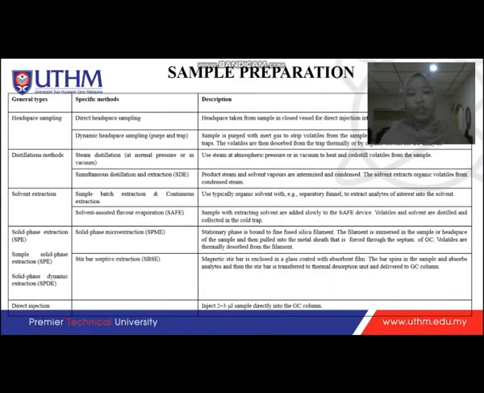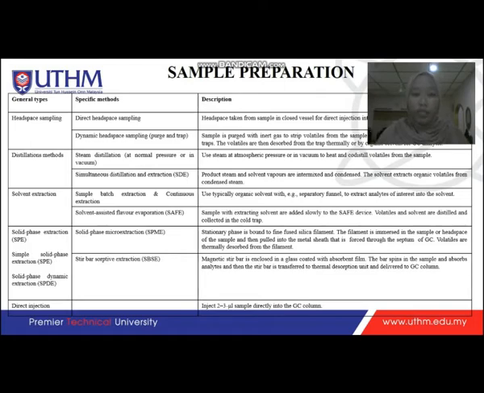And then the next method type is solid phase extraction, SPE. There are 4 methods, which are solid phase extraction, SPE, solid phase dynamic extraction, SPDE, solid phase micro extraction, SPME, and stir bar sorptive extraction.